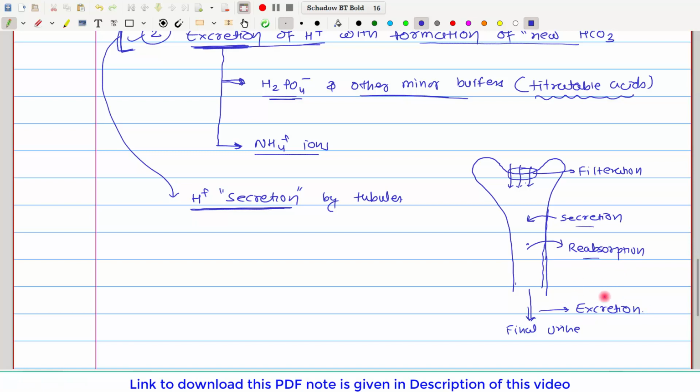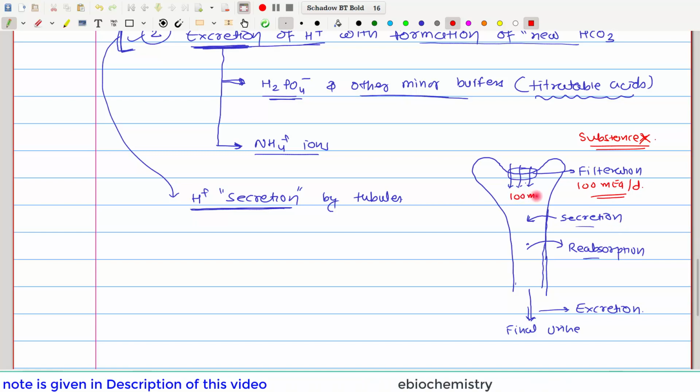Let's understand this a little more with an example. Suppose there is a substance X. This is a hypothetical substance. Let's say 100 milliequivalent per day of it is filtered. So in this space, now we have 100 milliequivalent per day of substance X. This substance X is also secreted, let's say 20 milliequivalent per day. So now this will be added, so we have 120 milliequivalent.